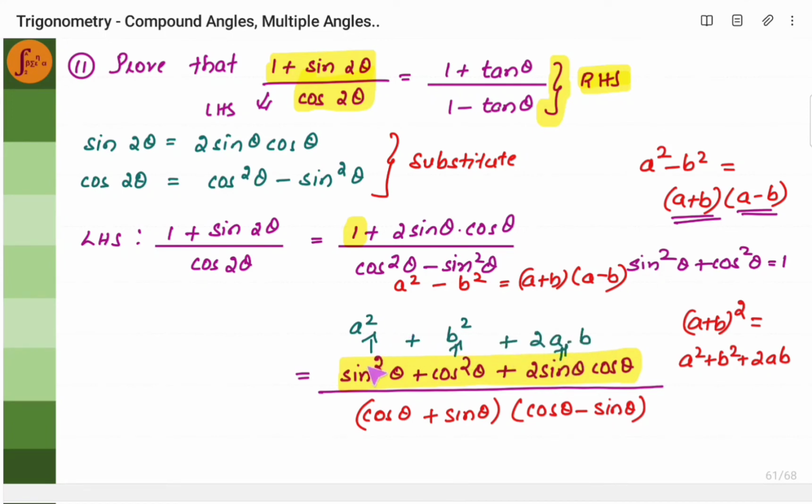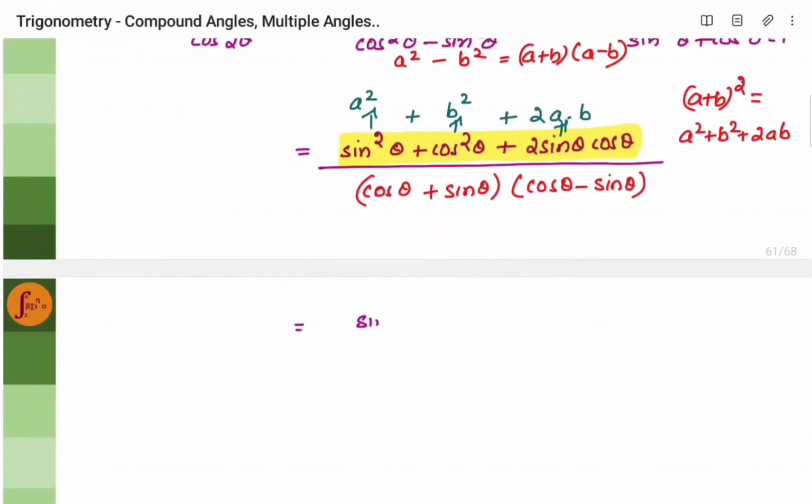This is of this form, where a is sin theta, b is cos theta. This entire expression can be written as a plus b the whole square. That is sin theta plus cos theta the whole square, because sin theta is like a, cos theta is like b, right?